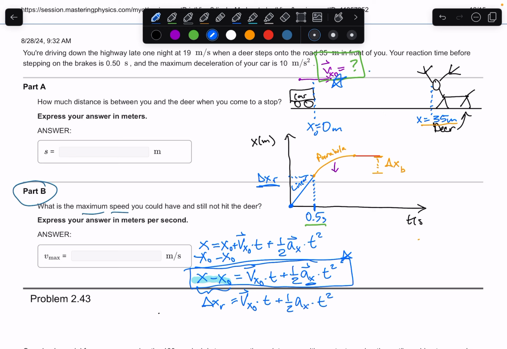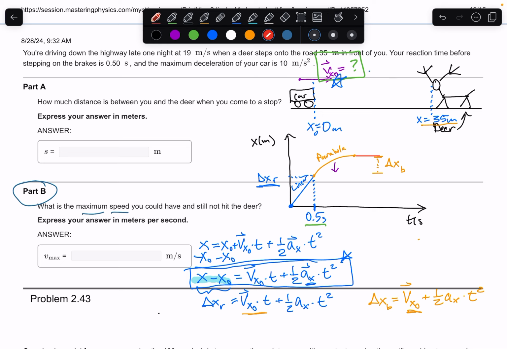I'm going to do the same thing for our braking phase. So delta x braking is equal to Vx initial times t plus 1/2 ax t squared. We don't know time, but what is the same between both of those is that initial x velocity.